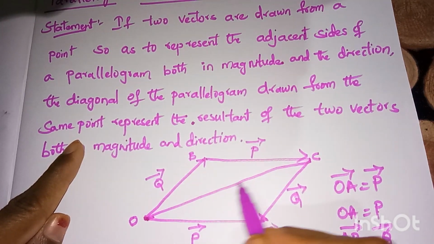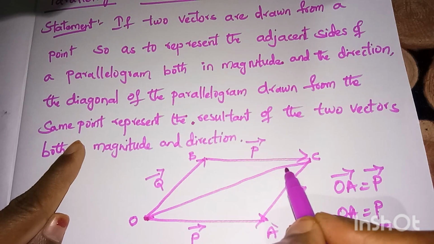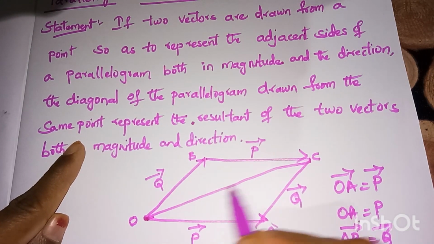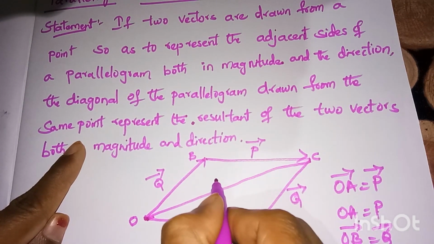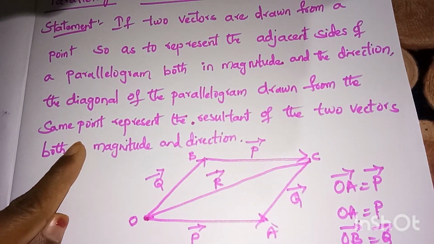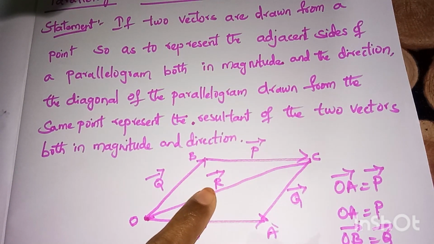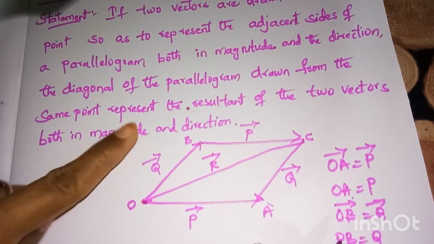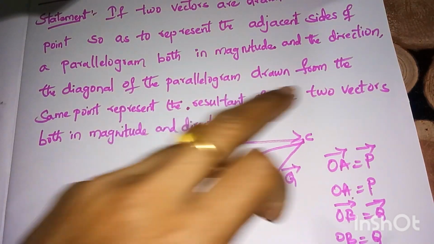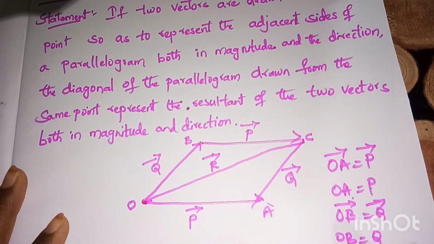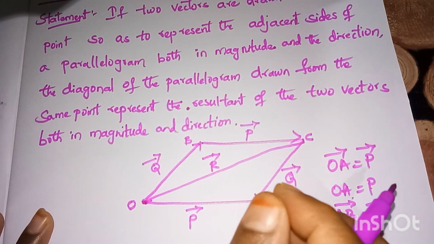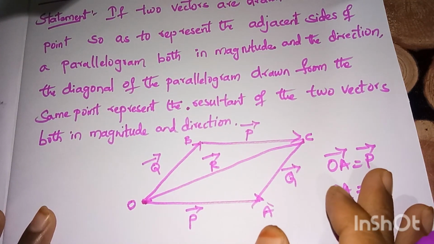So the diagonal drawn for the parallelogram from the same point represents the resultant. R bar is the resultant of the two vectors. So R bar will be the resultant for the two vectors P bar and Q bar, both in magnitude and direction.